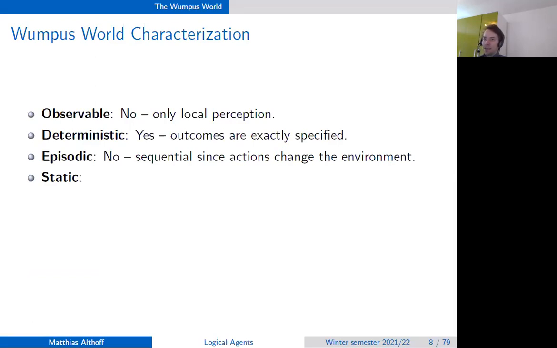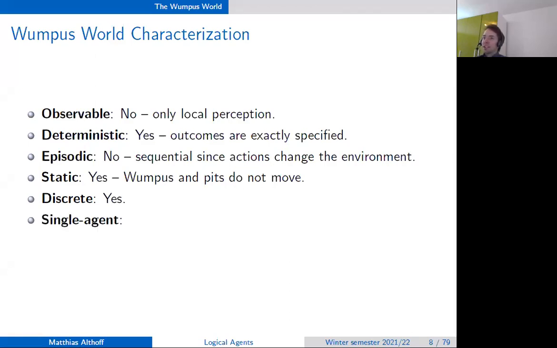And yes, it's static, because if we don't do anything, nothing happens. And discrete, yes, there are just finitely many states because you have finitely many rooms, and in these finitely many rooms, each room can be just a pit, the Wumpus, or the gold. It's single agent, yes, because the Wumpus is not really acting, he's just there.